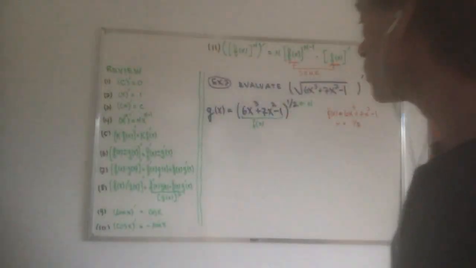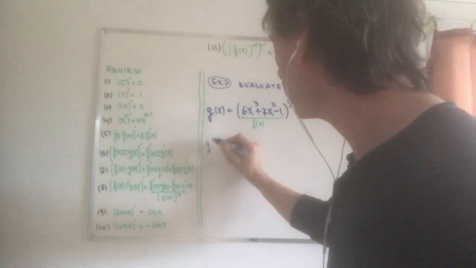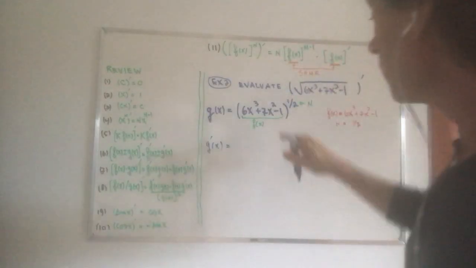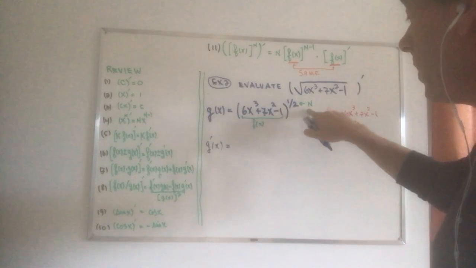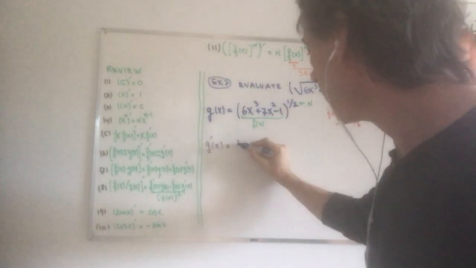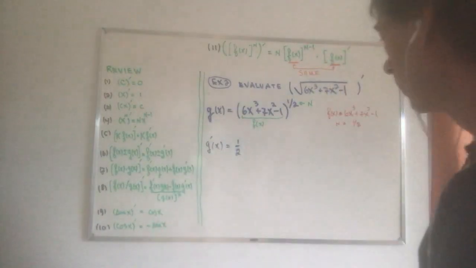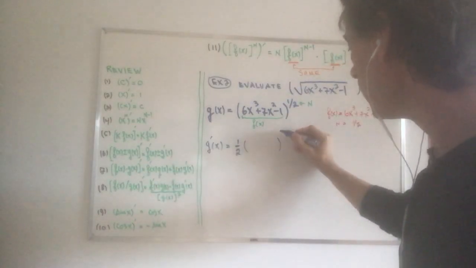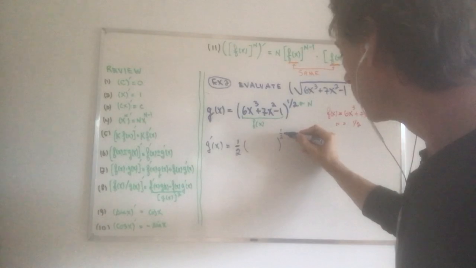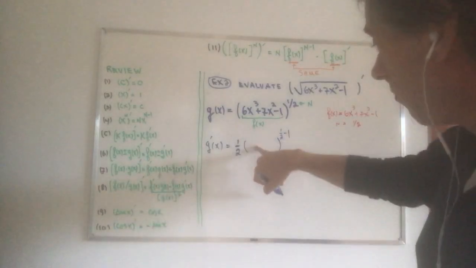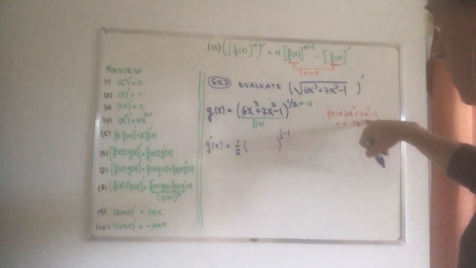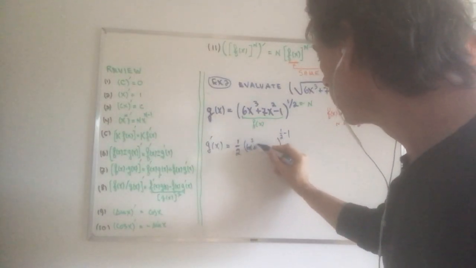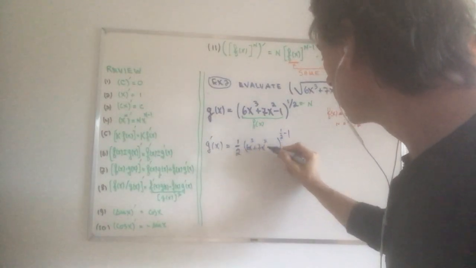Good. So what is g prime? What if I derive this? Well, the derivative of f of x to the n is n, so 1/2, f of x to the n minus 1, and f of x is just 6x^3 plus 7x squared minus 1.